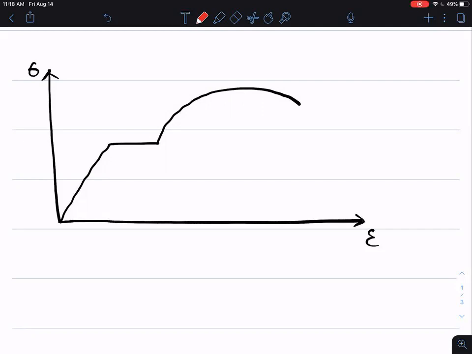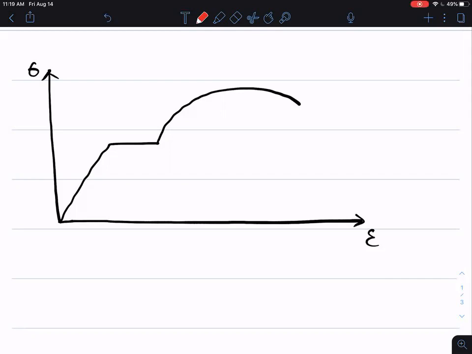First, can you identify where is the region that has plastic deformation? Where is another region that only has elastic deformation? But first, what is elastic deformation? It's kind of like a spring.